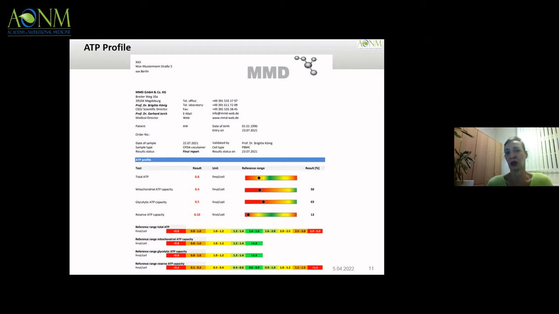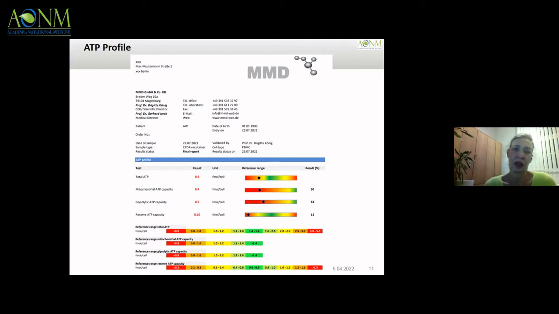So you can assume that the cell produces ATP via lactate formation. But here you see that the glycolytic ATP is also going down. It's only 63% of the total ATP. That's always referring to the total ATP.